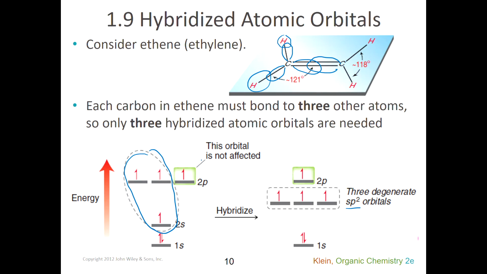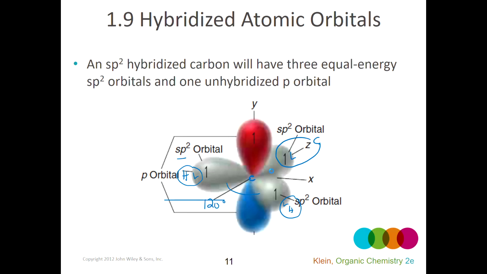In this particular case, it's going to be sp2 because we're mixing in only 2 of the p's with the s to make 3 sp2 orbitals. And we're leaving this 3rd p orbital untouched or unhybridized. It still exists, right? That's here. So sometimes students get confused and feel like the blue is a different orbital from the red. That's not true.